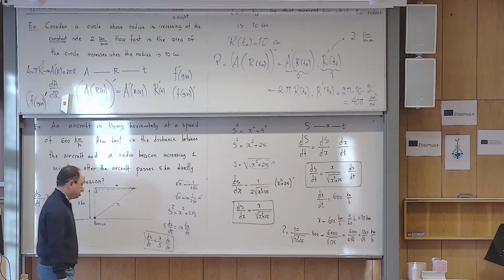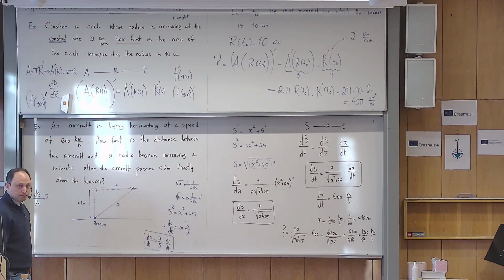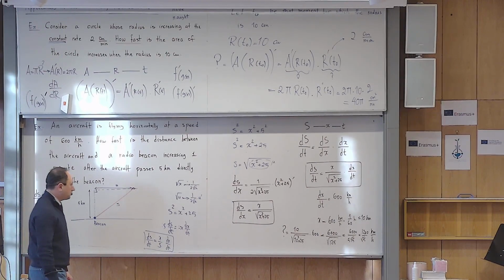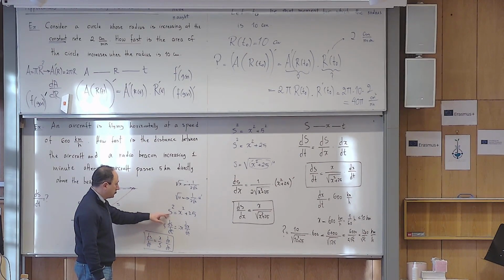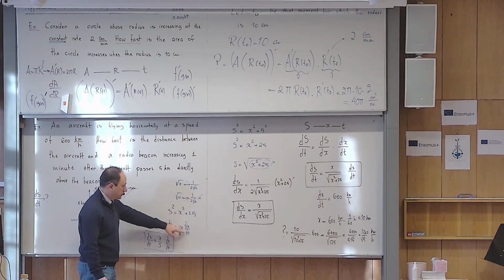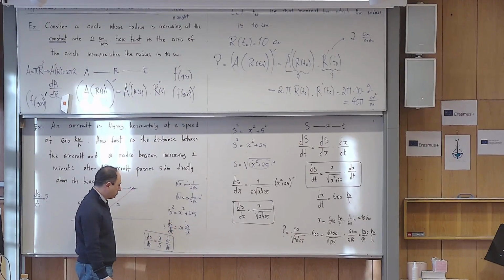Wait, what did we do when we said that s squared is equal to s times ds over dt? So I'm not saying that it gives you exactly the same answer, but with a slightly different logic. You take the derivative with respect to time, so it becomes 2s times the derivative of s with respect to time, and this becomes 2x times the derivative of x with respect to t, then I simplify the 2.